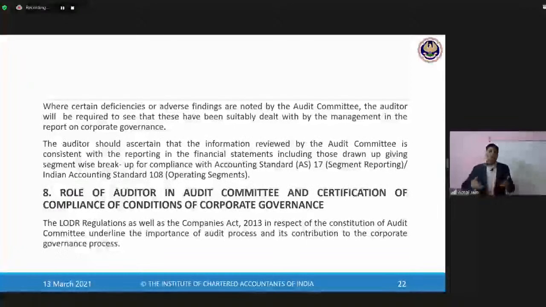Now, in relation to the audit committee, we have already discussed when we were discussing auditing standards that there are various roles and responsibilities on the part of the auditor. And as regards the execution of those roles and responsibilities, as regards the reporting on the part of the auditor, various levels of communications are made by the auditor to the audit committee.